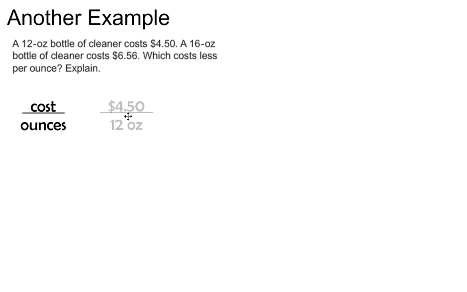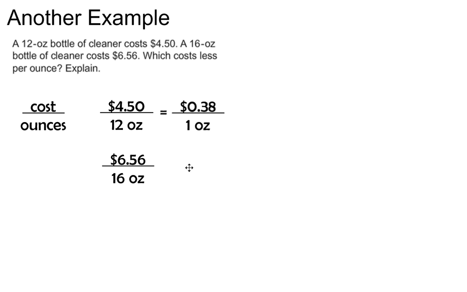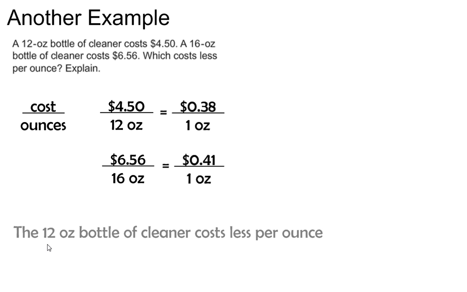The first is $4.50 for 12 ounces, and that simplifies down to 38 cents per ounce. The second one is $6.56 for 16 ounces, and if I divide the numerator and denominator by 16, I should get 41 cents per ounce. So the 12-ounce bottle of cleaner costs less per ounce.